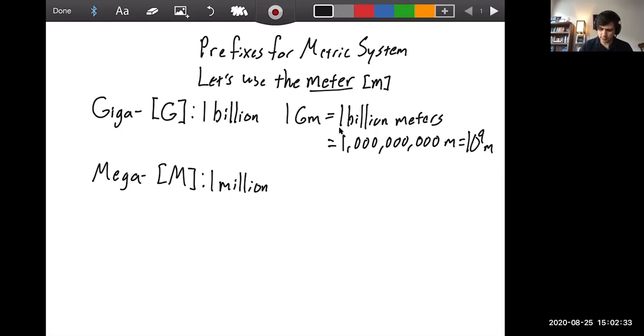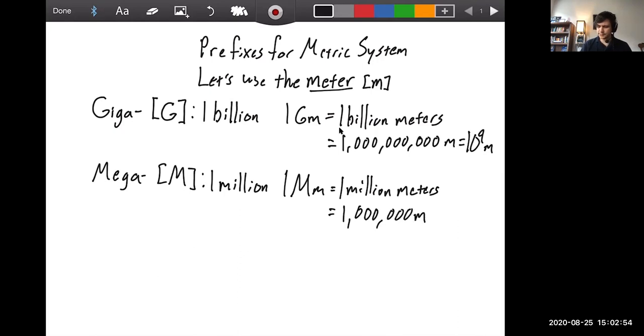So 1 megameter equals 1 million meters, which is the same as saying 1, and then we'd have 6 zeros, meters, or we can put that in scientific notation and have 10 to the 6th meters.